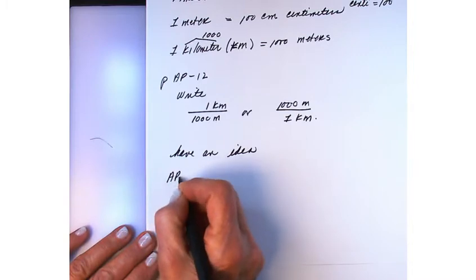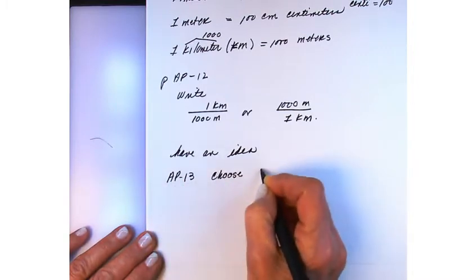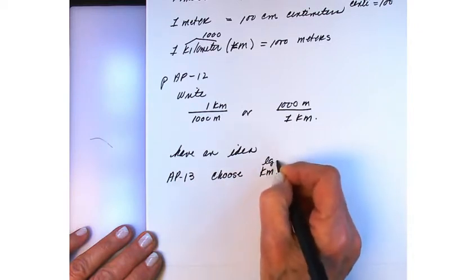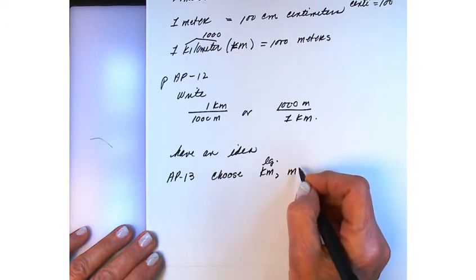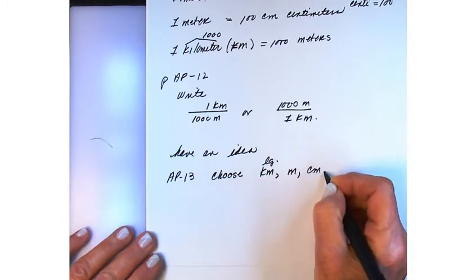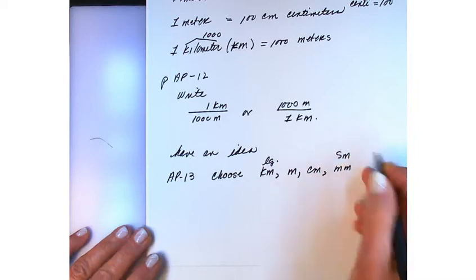We're going to choose from the lengths: kilometer, which is very long, like you would measure distances, miles. Meter is about the distance from our nose to the tip of our finger, so in the area of a yard. A centimeter and a millimeter, which is very small.